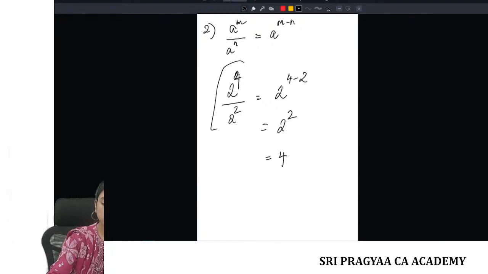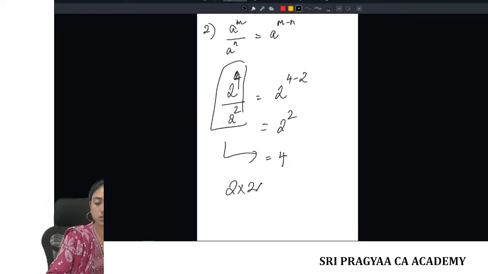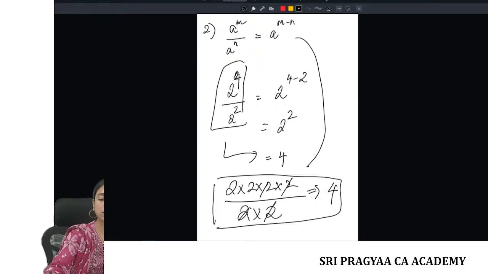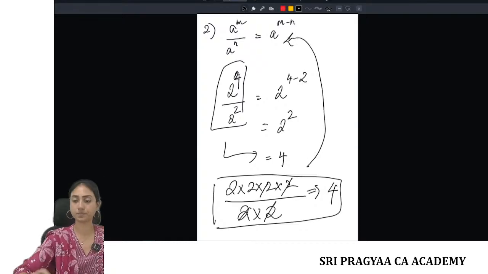If you do this the long way also, I'll get the same answer. That is, 2 power 4 is 2 multiplied 4 times, and 2 power 2 is 2 multiplied twice. This is nothing but 4. So instead of doing this long drawn method, we are given a set of laws.